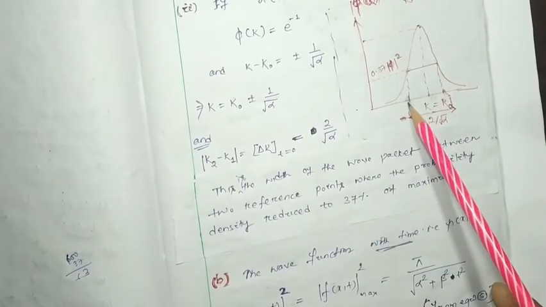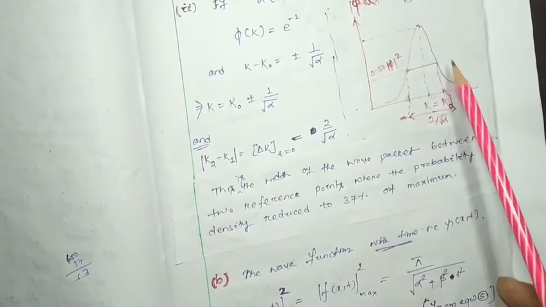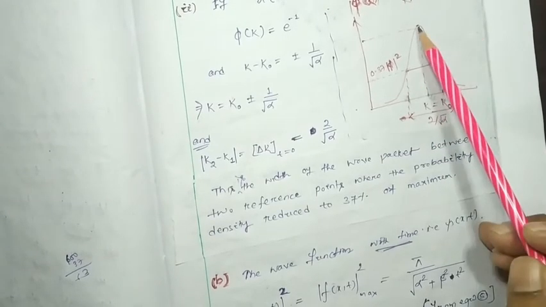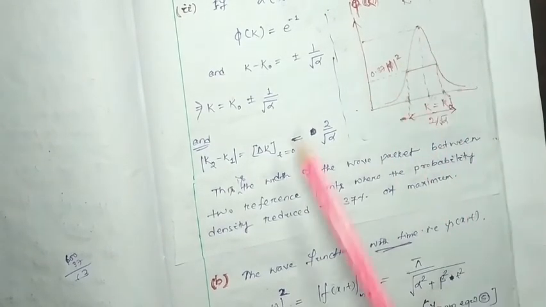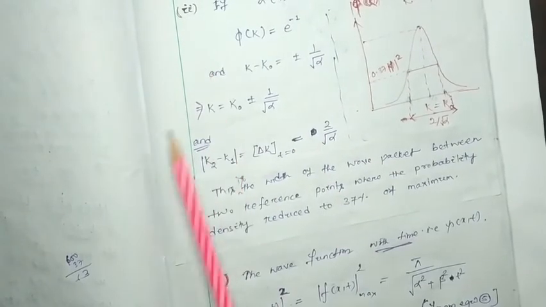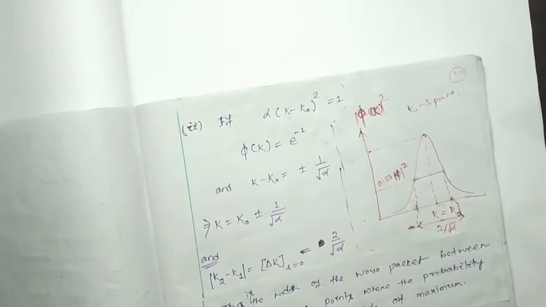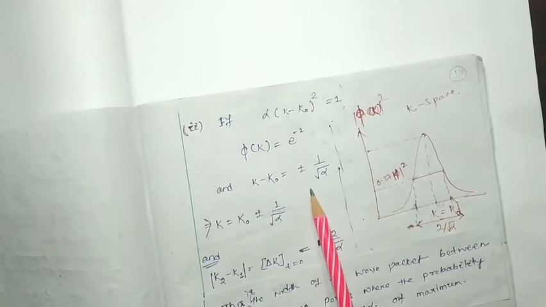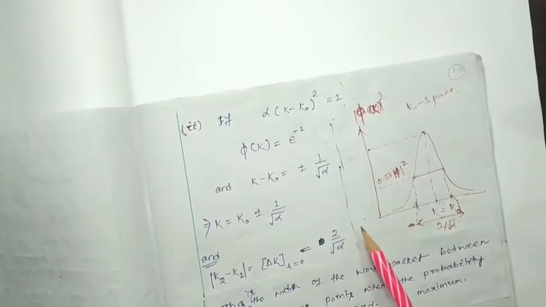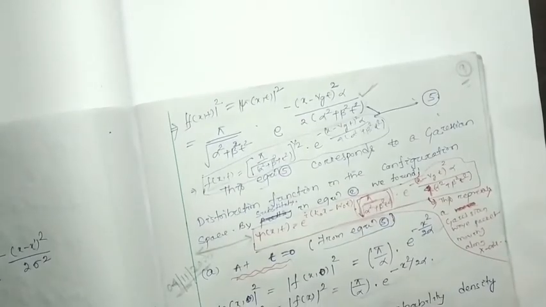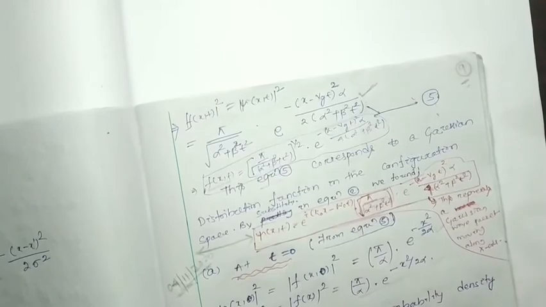So here and here the probability density reduced to 37% of this maxima, okay. This second is a representation of the same thing whatever we have discussed in configuration space, but this is in k space. So in your exam, if you are not going to write for the k space, only you have to write for the configuration space, also no problem, okay.